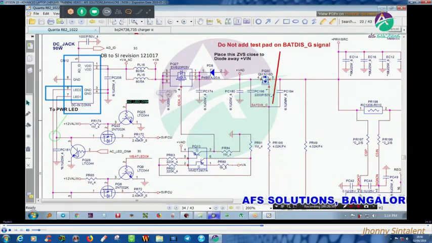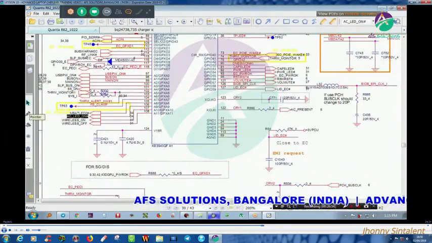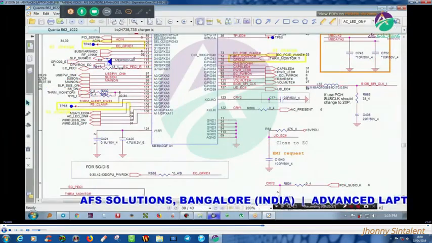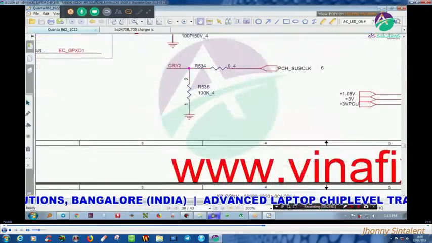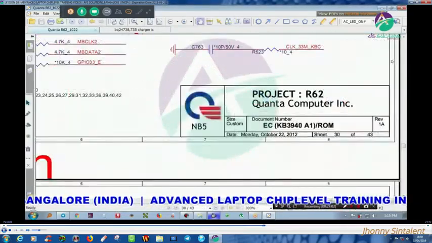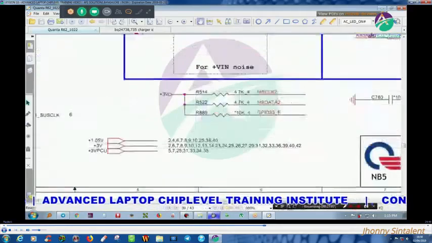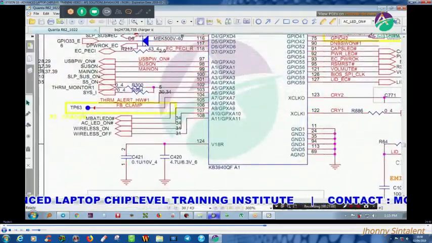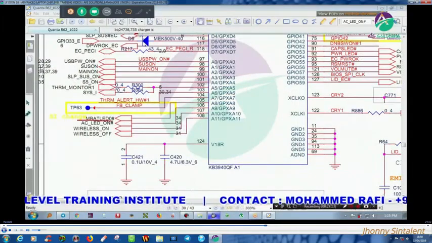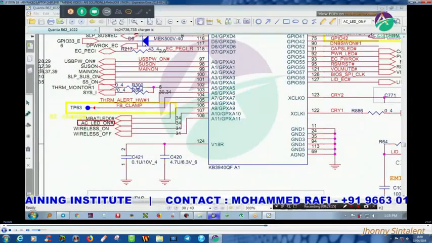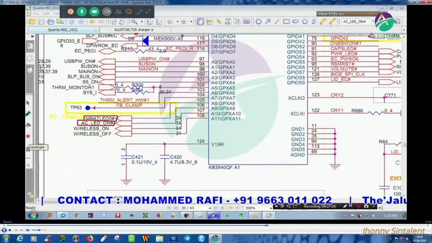Let me show you page number 30. On page number 30, you can see this is an IO controller KB3940QF. On the right bottom corner also, it is an EC KB3904A1 ROM. We have BIOS, and here this is giving a confirmation that AC LED on. One more confirmation, battery LED on.